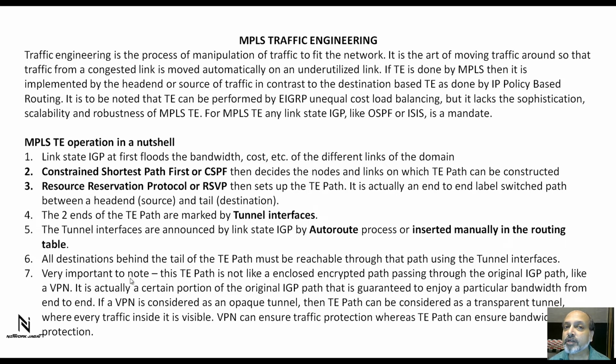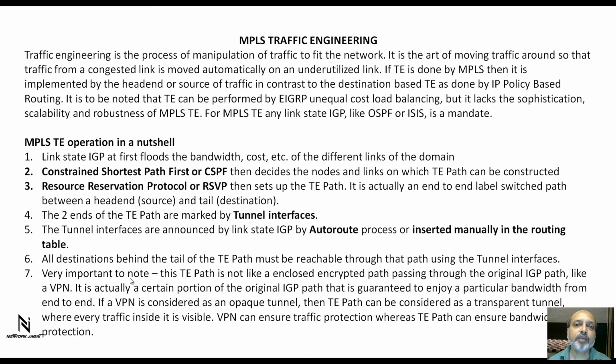Why are those intermediate hops not available? Because that VPN path uses two technologies called encapsulation and encryption. Now, forget about encryption because that gives confidentiality to your data, but your data is actually shrouded from the intermediate hops by using an encapsulation technique, right?